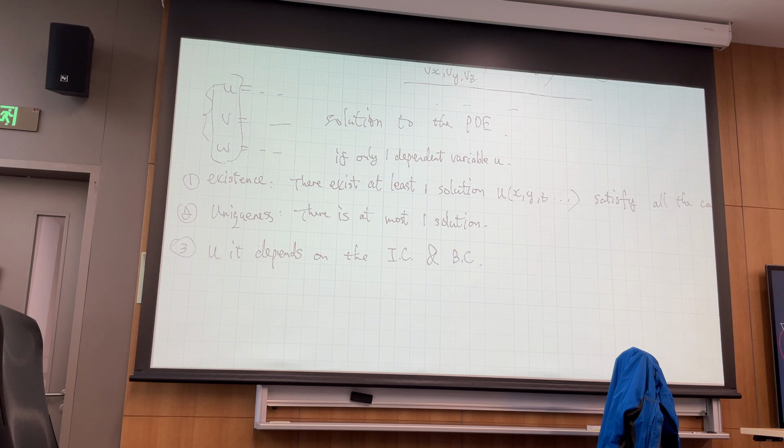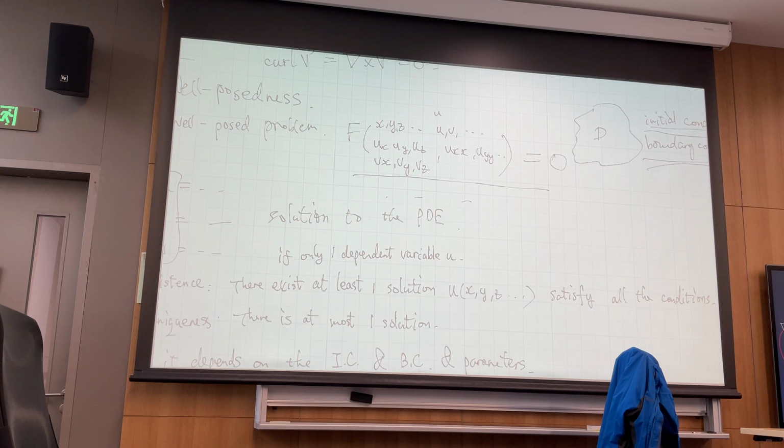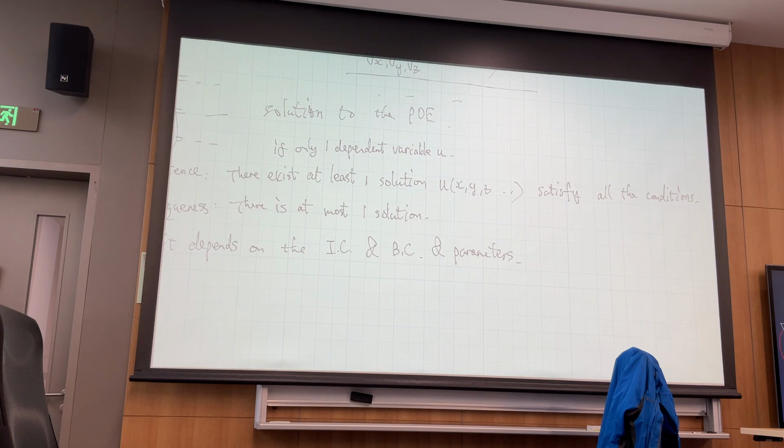I'm just writing IC and BC. They are short for initial conditions and boundary conditions. Okay, that depends on the initial conditions and boundary conditions and parameters. Parameters are whatever it is in the coefficients for this equation. Okay, on the parameters in a stable manner.